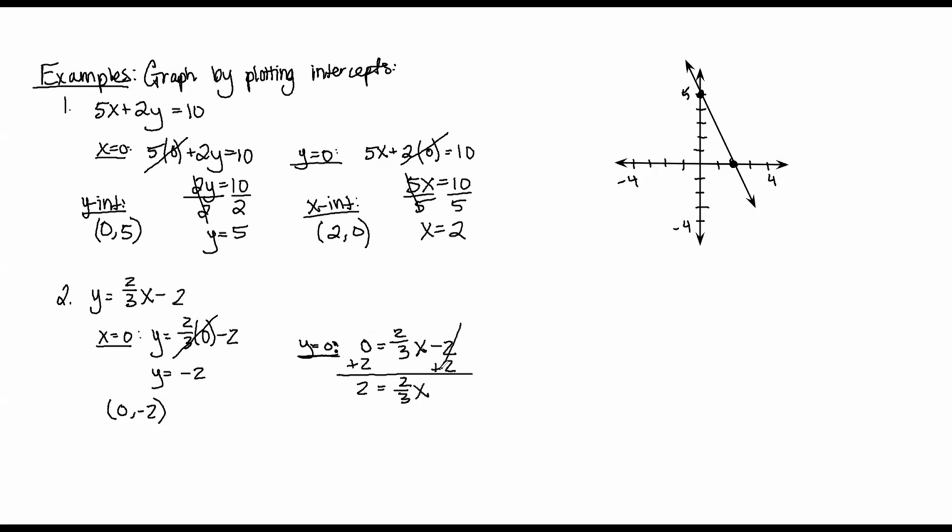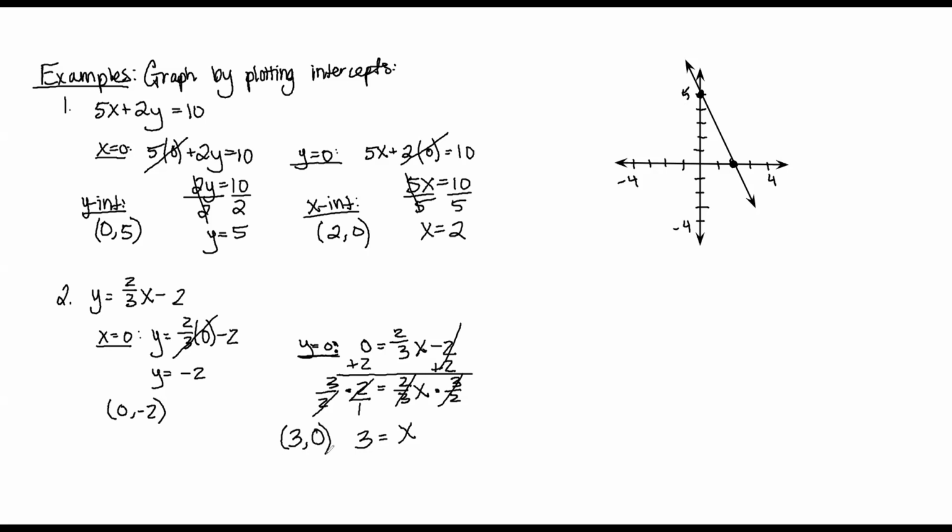And then remember, to get rid of a fraction, we multiply by the reciprocal. So multiply by 3/2. On the right side, these cancel, we get x. And then 3/2 times 2/1, the 2's cancel, and we get 3/1, which is just 3. So our x-intercept is the point 3, 0.